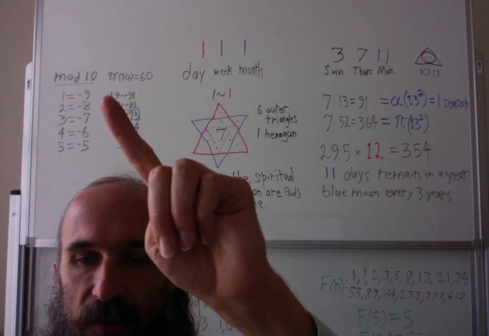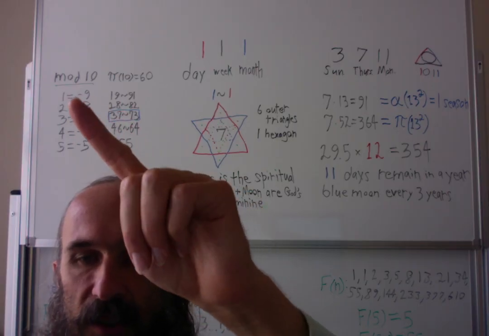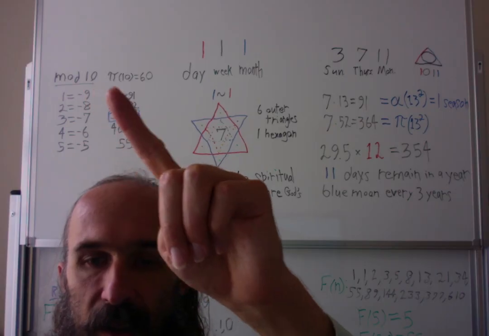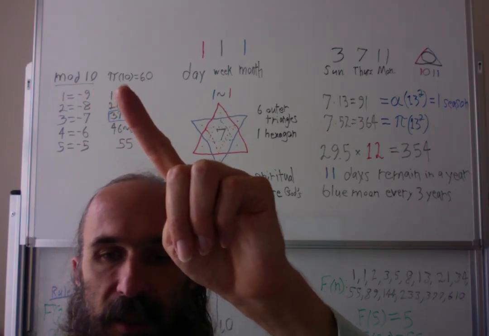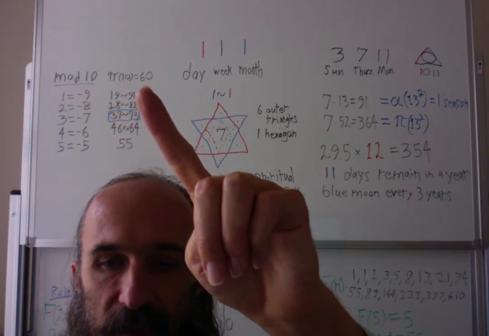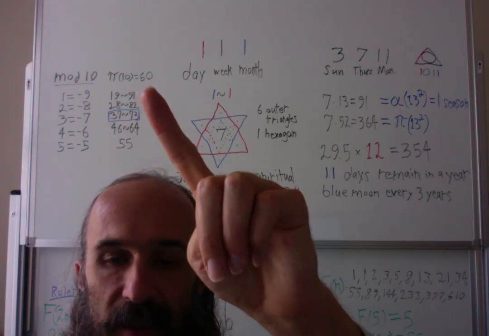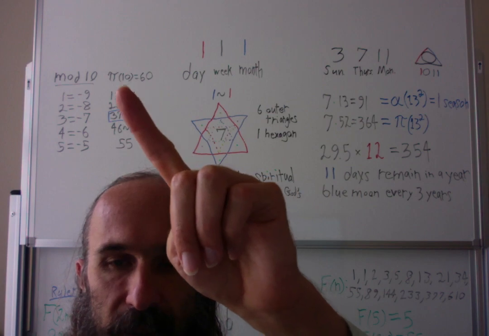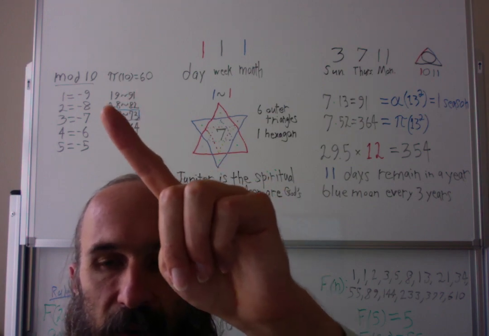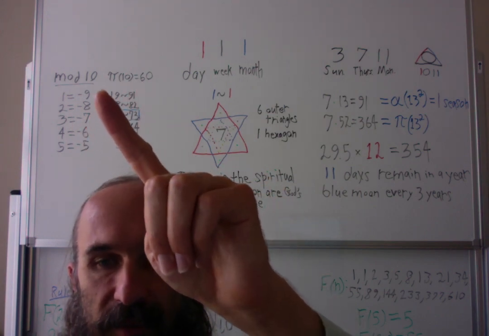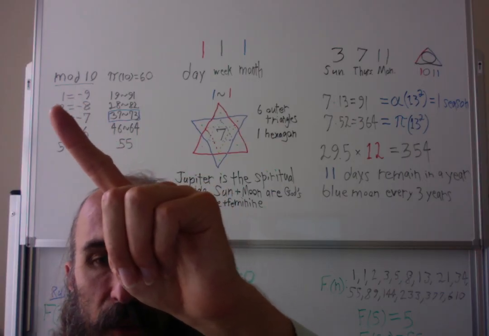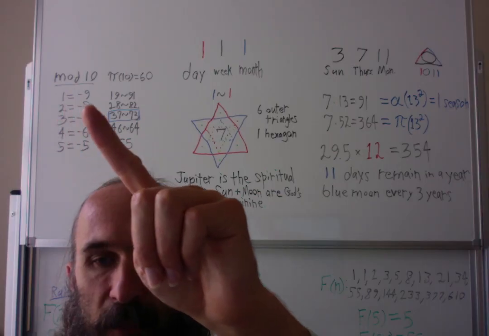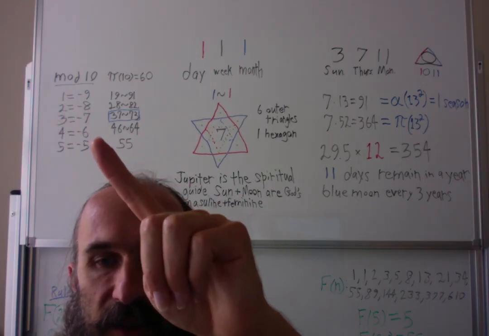What this is suggesting is the modulo 10 interpretation, which in the Fibonacci sequence gives us a cycle of 60. This is very interesting indeed, but we're not going to go into that right now, other than to say that in mod 10 the numbers which add up to 10 are complementary, they're negatives of each other.